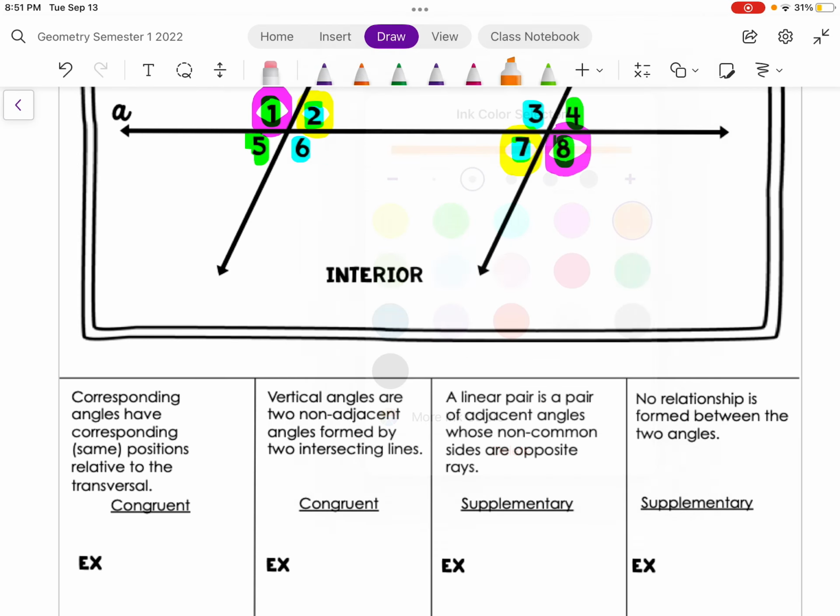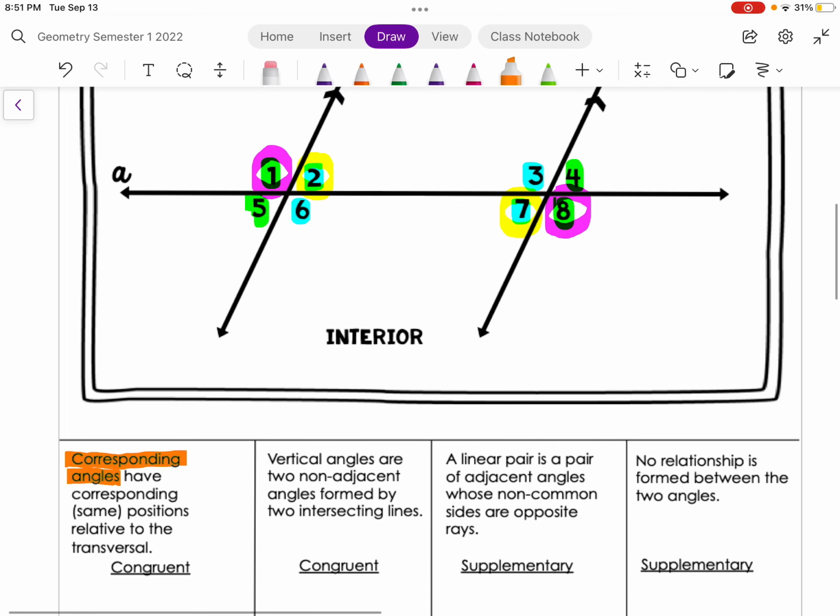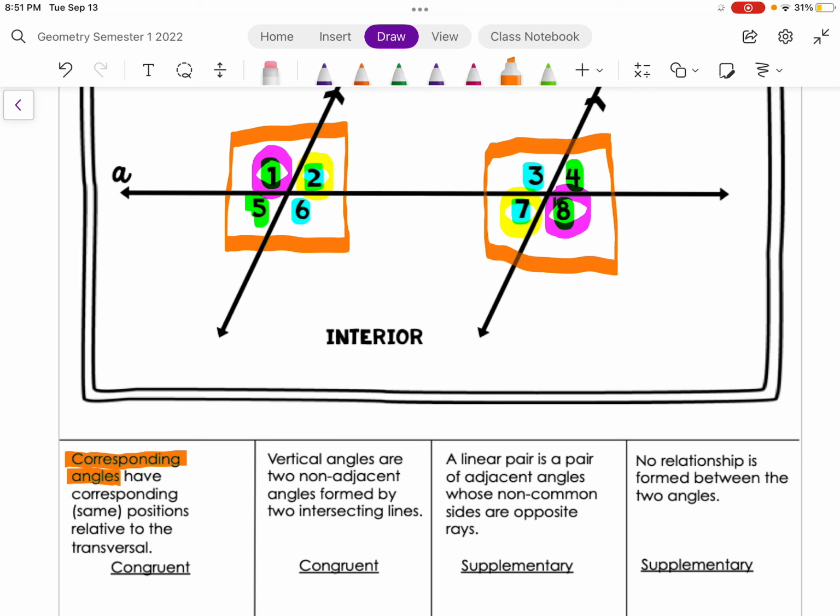Corresponding angles have corresponding positions relative to the transversal. So if you think about this as being one set and this as being the other, and you think about them being in the same spot for each of those.